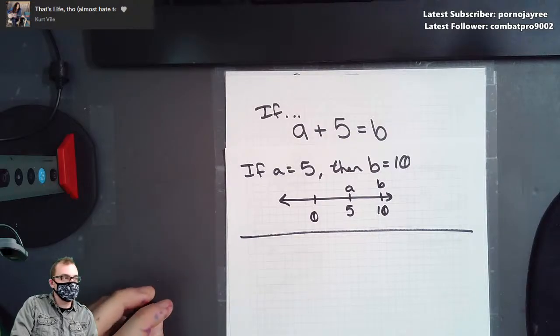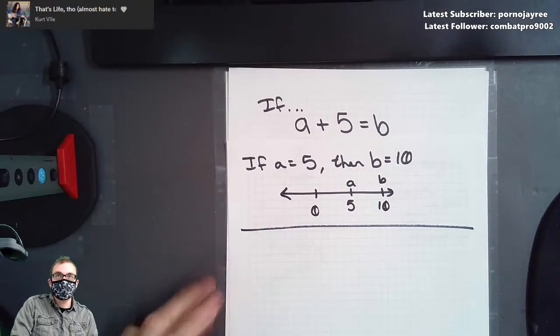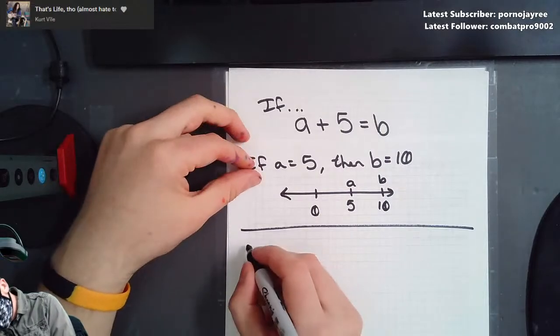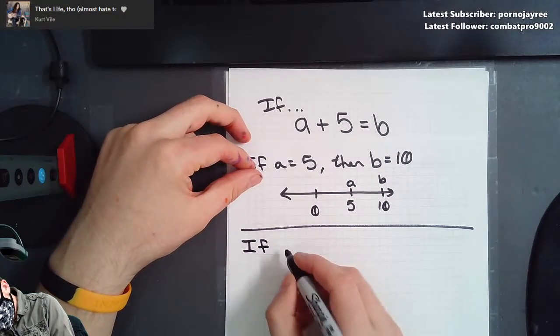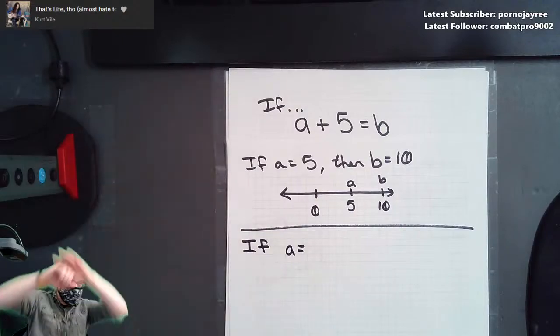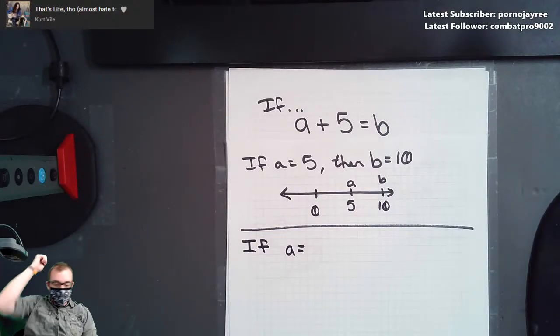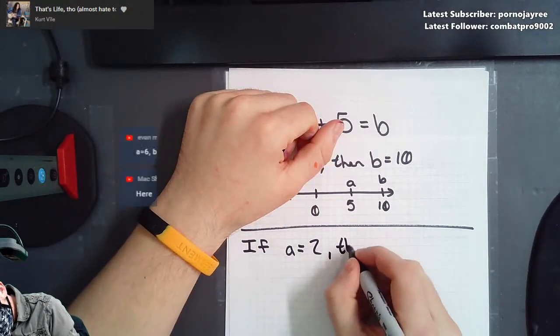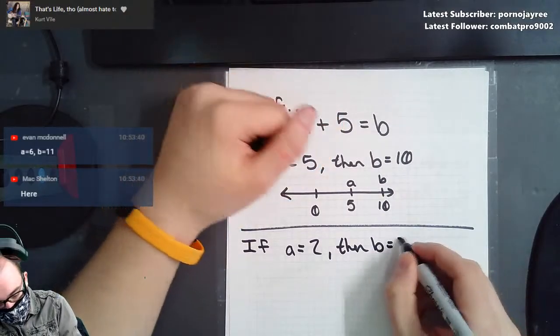What else do we know about A and B? What if A equals what? Infinite possibility. 2. Then B must be 7.